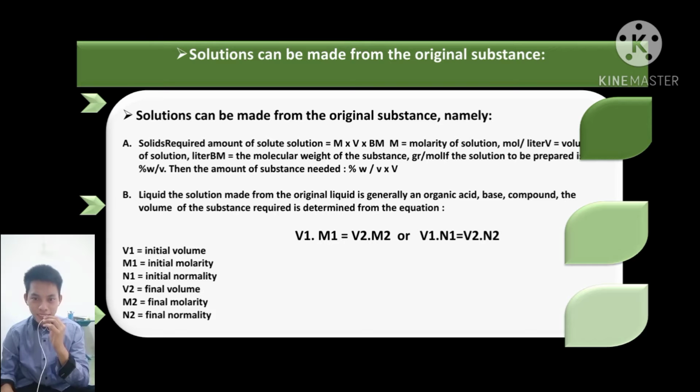Gram per mole. If the solution to be prepared is percent weight divided by volume, then the amount of substance needed is percent weight divided by volume multiplied by V.